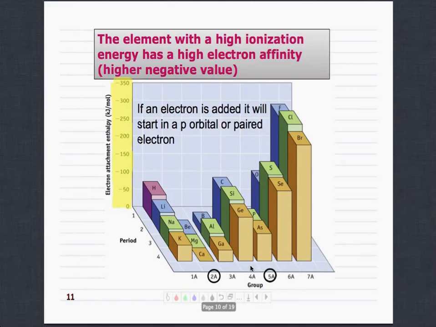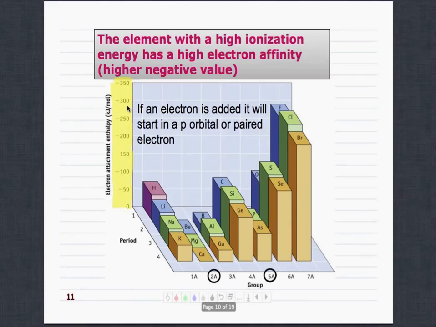Now I just want to bring your attention that those energies are in minus. For example, group 7A, which has the higher electron affinity, has almost minus 300 kilojoule per mole as an electron affinity. This minus means it is exothermic, that this process is giving energy.